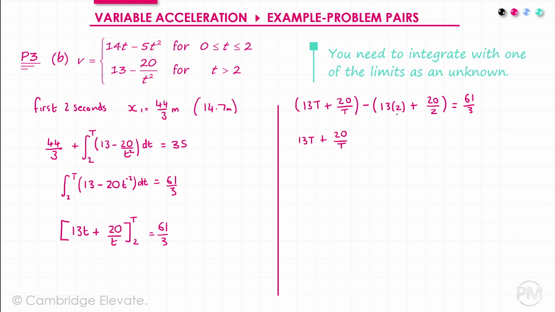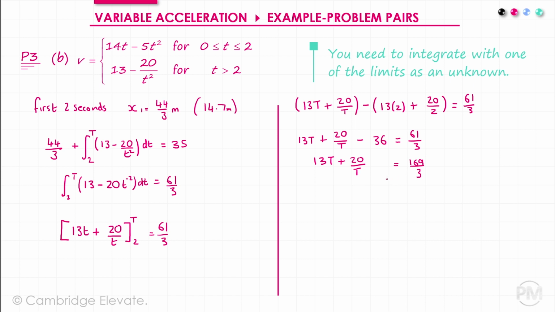Inside this bracket here, we've got 26 plus 10 is 36, but we're subtracting that, so we've got minus 36. Adding 36 to both sides gives us 13t plus 20 over t equals 169 over 3.